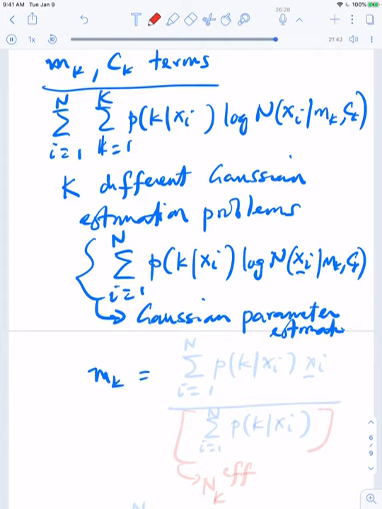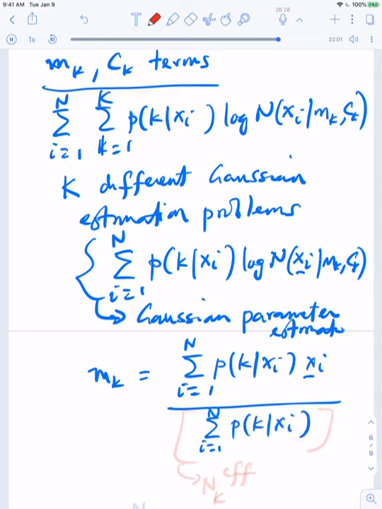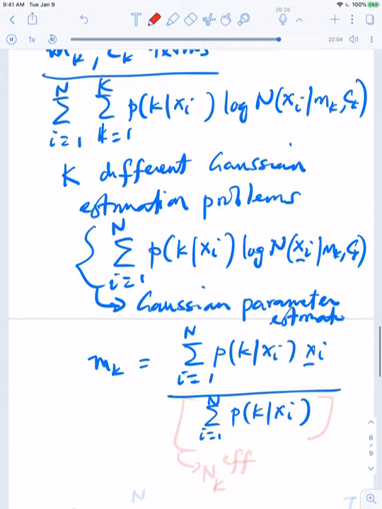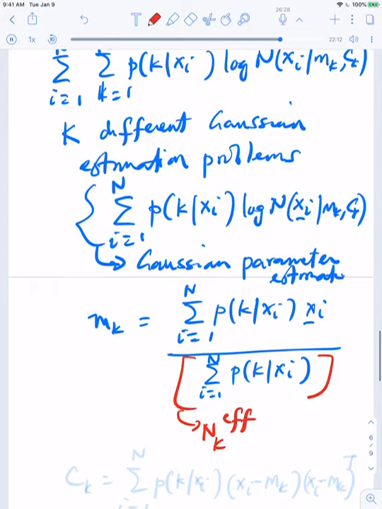The mean is a weighted centroid, summation i equals 1 to n, p of k given xi times xi, divided by the sum of the weights. And as we noted when we first talked about it, this can be thought of as an effective number of examples associated with the kth component.